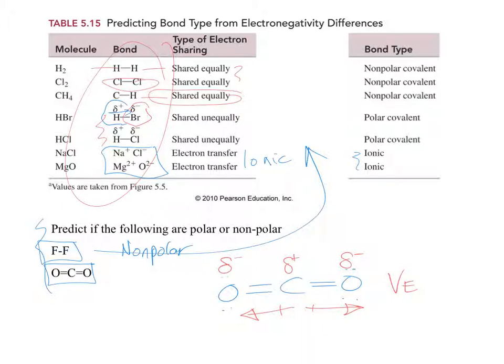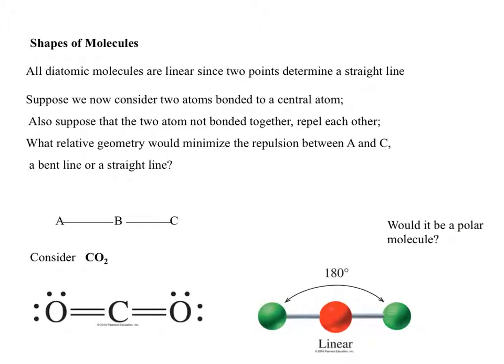So think back to your math days: the vectors will cancel when you have equal and opposite. So this CO2 is an example of a molecule with polar bonds. This is polar and this is polar. But when you look at the whole molecule, it cancels and you have a nonpolar molecule. So in fact, both the fluorine and the carbon dioxide are nonpolar.